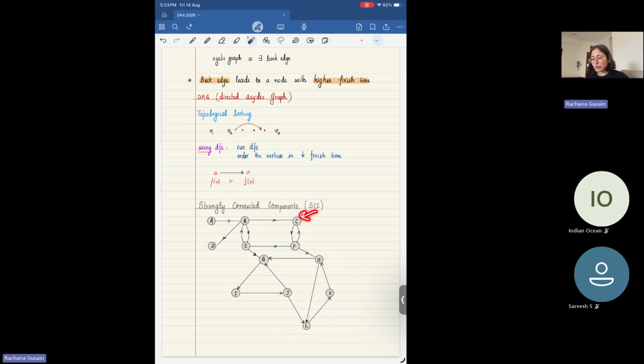So adding any more vertices will not help at all. We need not even care about the remaining vertices because they are going via E and F. So since adding E or F does not help, we can just ignore the other vertices. So at this point, when I have just these six vertices, they form a strongly connected subgraph, and we also cannot extend that subgraph any further while maintaining the strongly connected property.